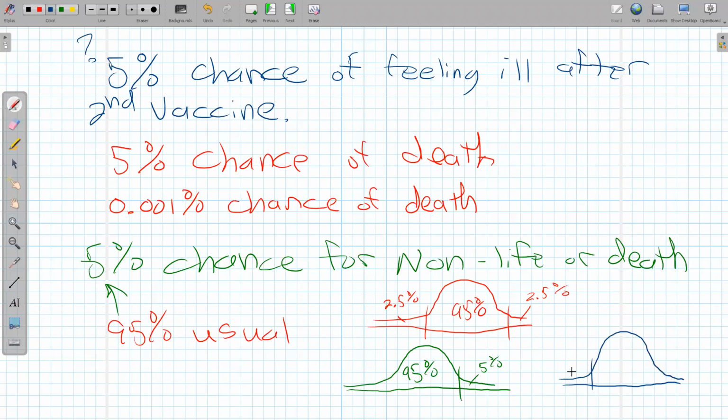It could be the usual stuff we want to happen is up here on the right side, and then we're going to put that unusual stuff over here. Okay, so remember the 95%, this is what we expect to happen, the usual cases, normal stuff.